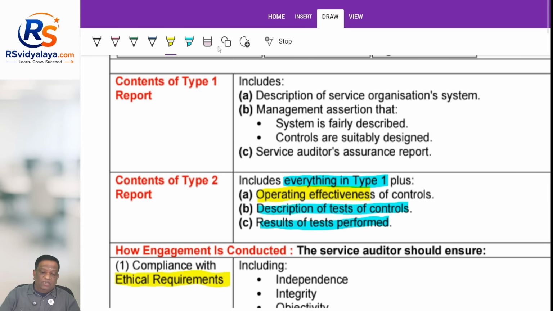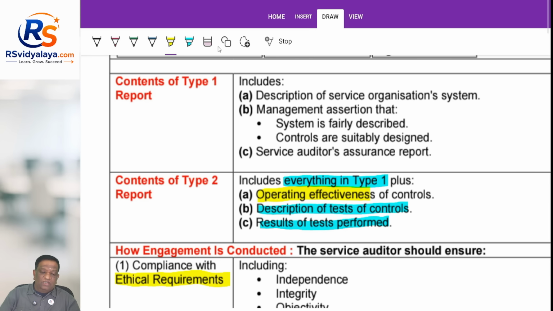Then what is a type 2 report? A type 2 report includes everything in the type 1 report plus the operating effectiveness. This word, take 3 stars to it. In the type 1 report, the auditor is not commenting on the operating effectiveness. The auditor is only talking about whether there is a system and whether controls are established, but whether those established controls are operating effectively is not being talked about.